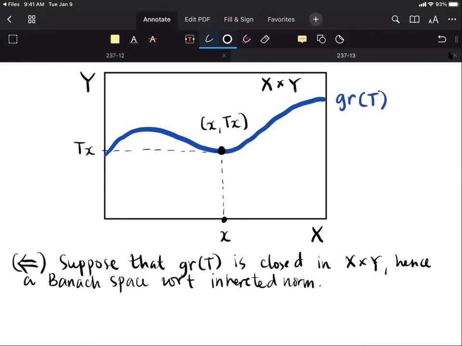So we know that a closed subspace of a Banach space is again a Banach space. So we write T as a composition of two maps.